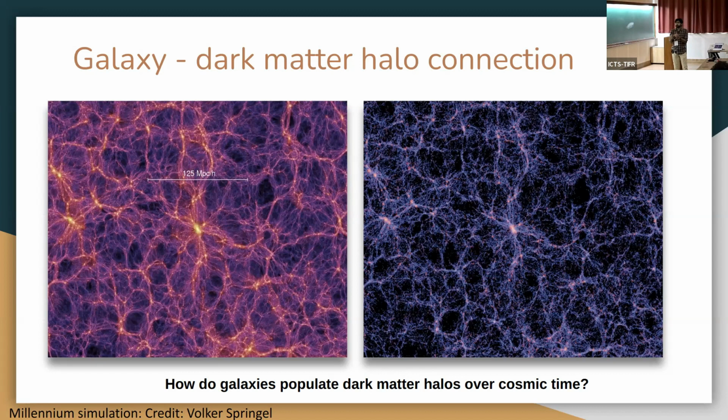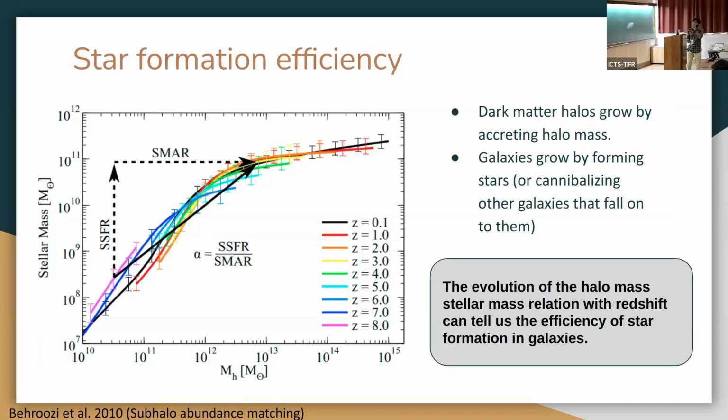Once we understand this, it will help us understand how the galaxy properties and halo properties evolve, and what kind of scatter there is in the astrophysics of this relation.